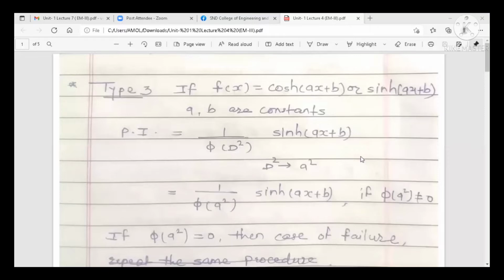In that case, to find the PI, we replace D² by a². We replace D² by positive a², and not the term of D.